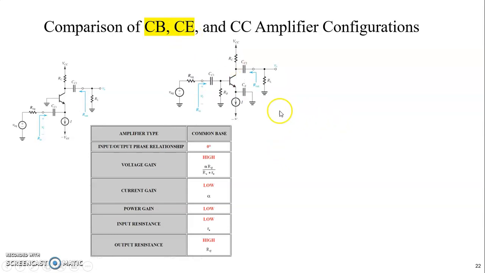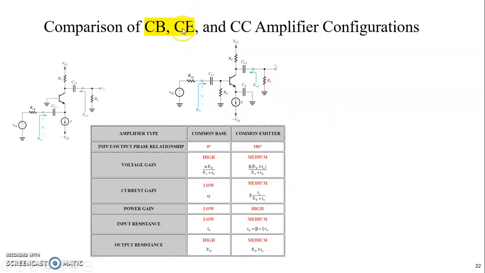Then comes the common emitter amplifier, right? Common emitter amplifier with emitter resistance or without emitter resistance. When we say only common emitter amplifier, it means even if we have RE, it would be bypassed, so no RE in the AC equivalent circuit. In fact, common emitter amplifier has a 180-degree phase relation between output and input, right?